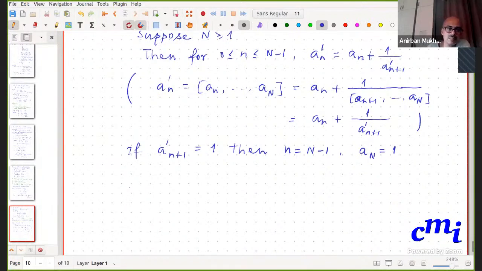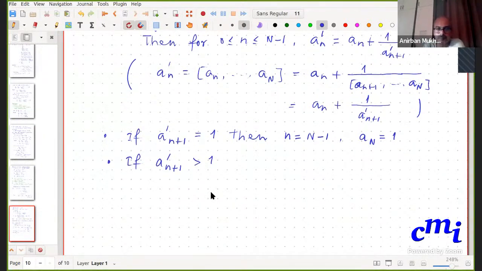So this first case is the exceptional case that we mentioned in the beginning. The case we are more interested in is when a_(n+1)' is greater than 1.